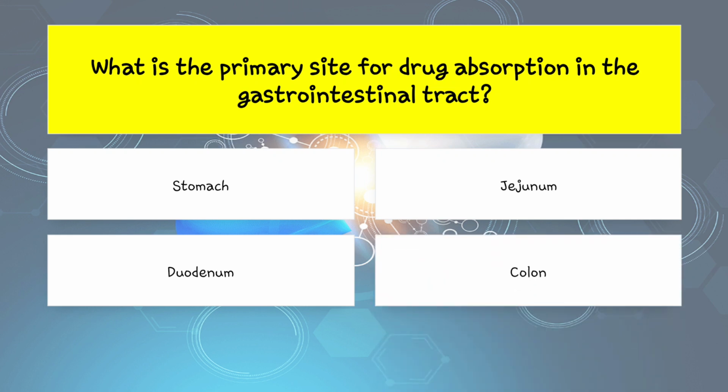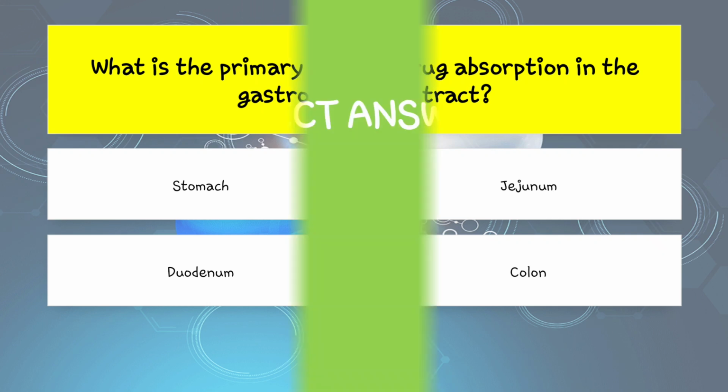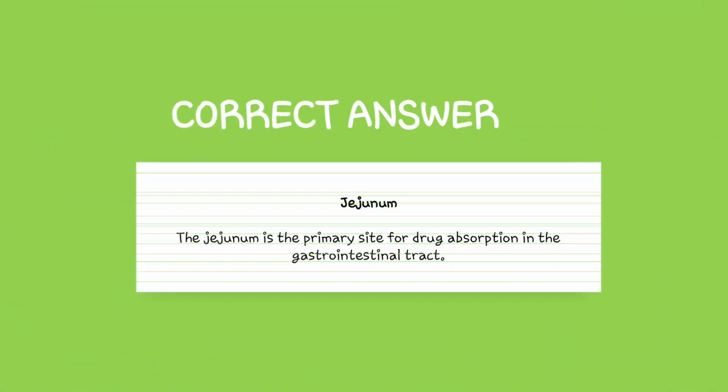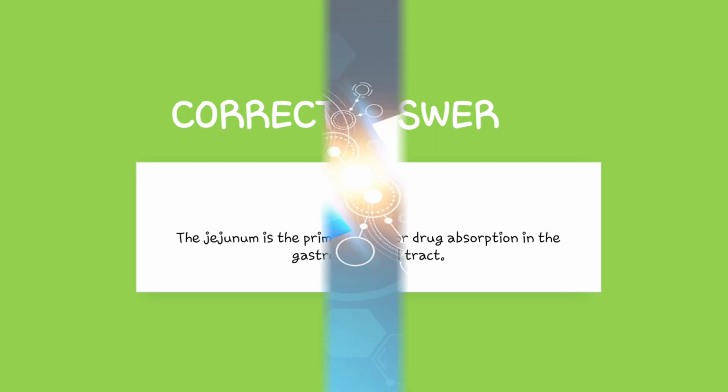And your time starts now. Please stop. Time up. The correct answer for this question is jejunum. Okay, so it is a primary site for drug absorption in gastrointestinal tract.